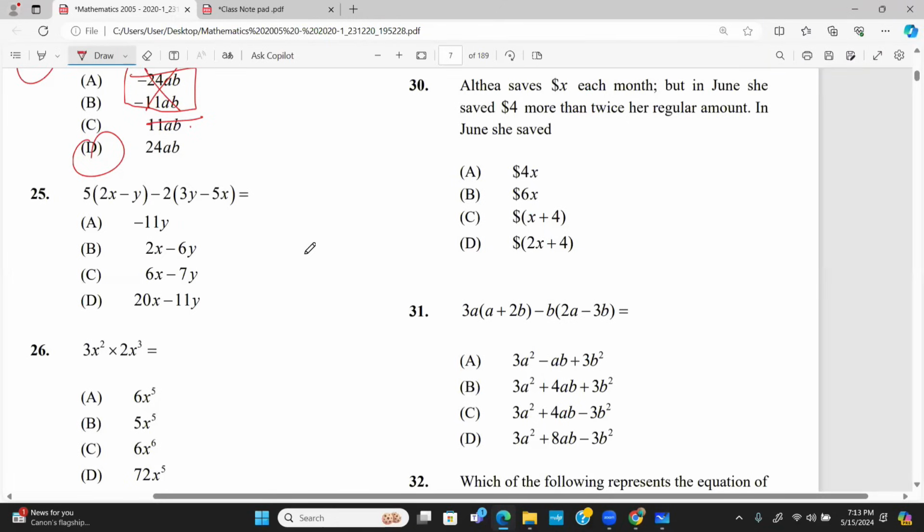So 28 subtract 11. All right, so I'm going to quickly work it out.